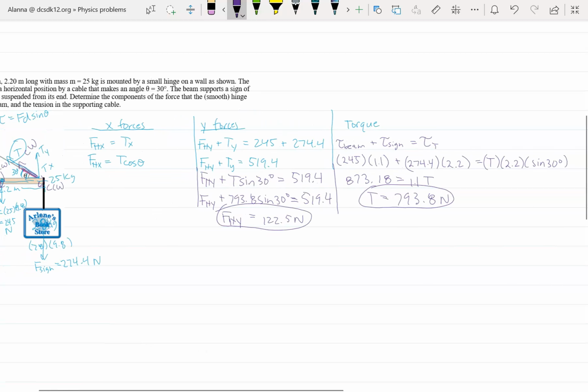Then we can also plug the tension we found into our expression in the x direction. So FHX is going to equal 793.8 times the cosine of 30, which ends up being 687.5 newtons.